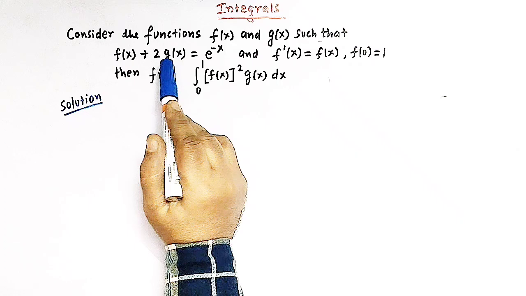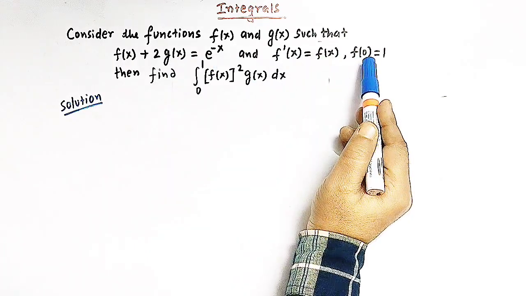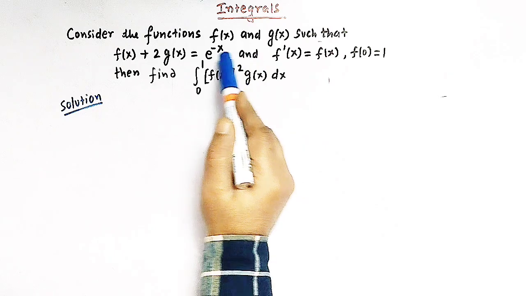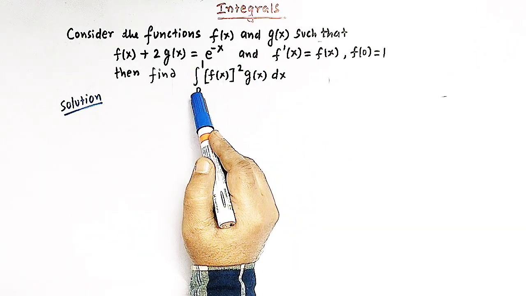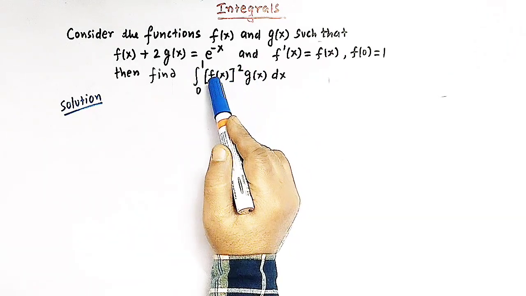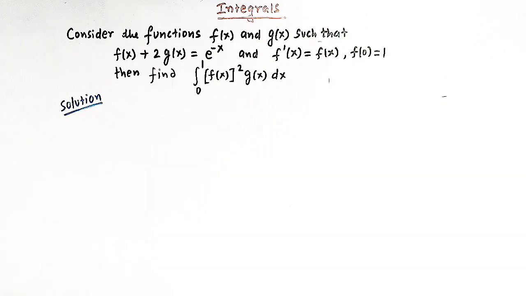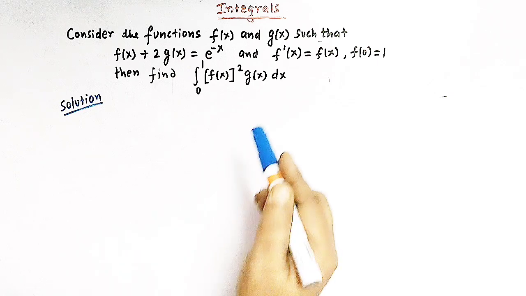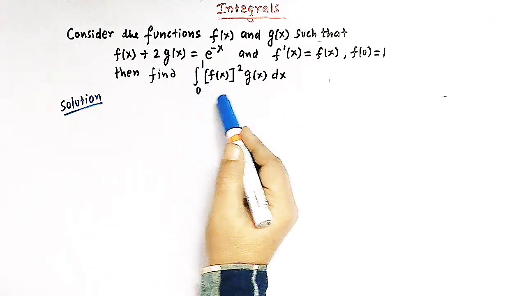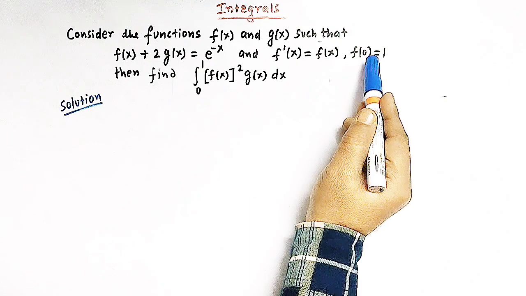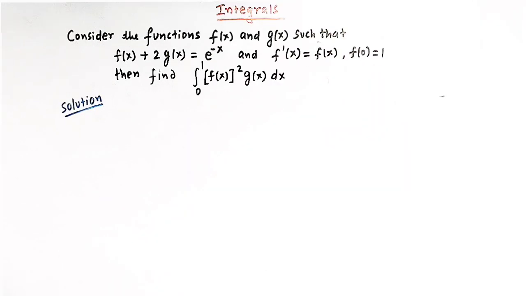So here we are given these three conditions, and we have to find the value of this integral, that is integral 0 to 1 of square of f of x times g of x dx, right? So let us see how we can find the value of this definite integral using these three conditions.